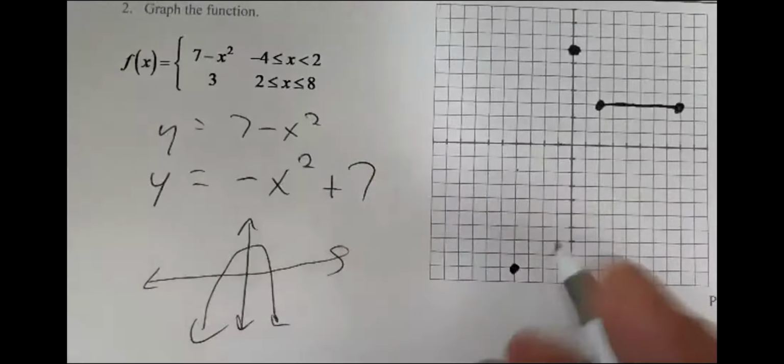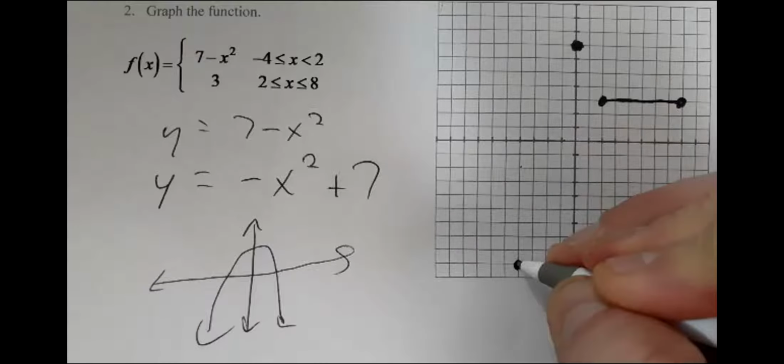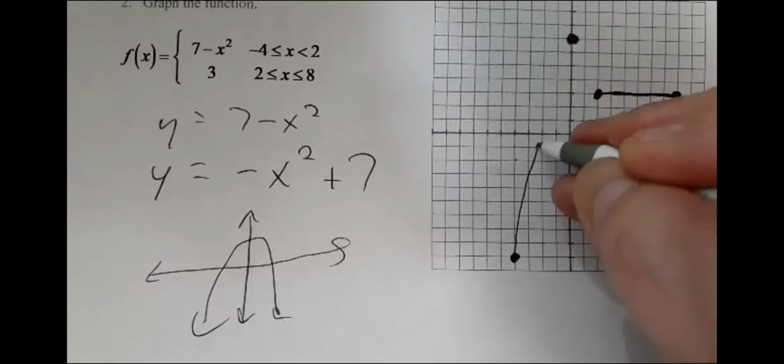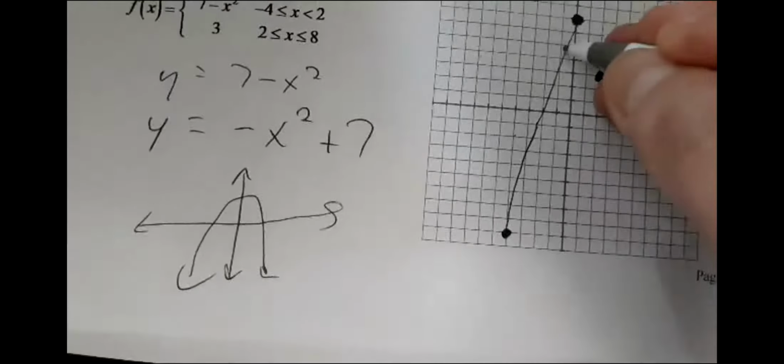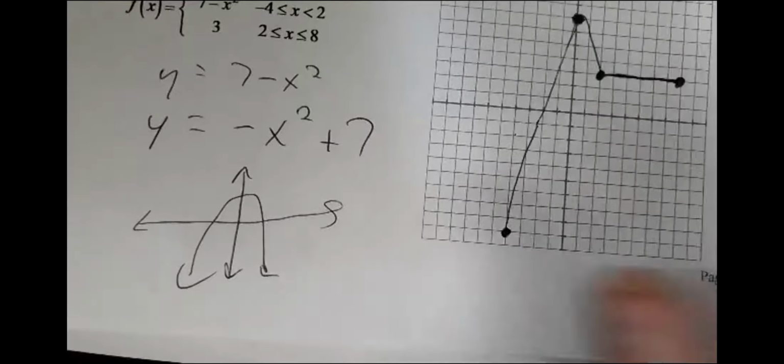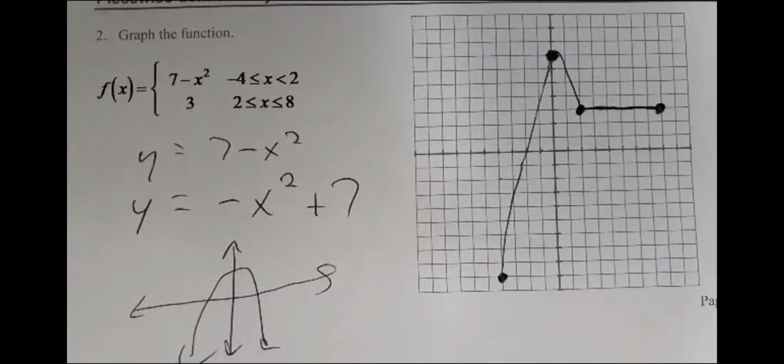Okay, so now we want to draw this parabola up to the vertex. Horrible turn, but there is my rough sketch of this thing.